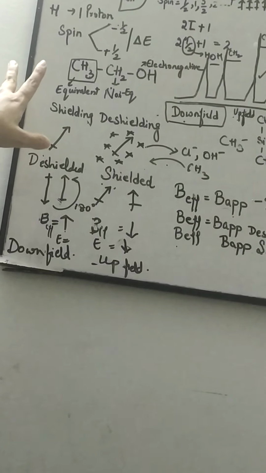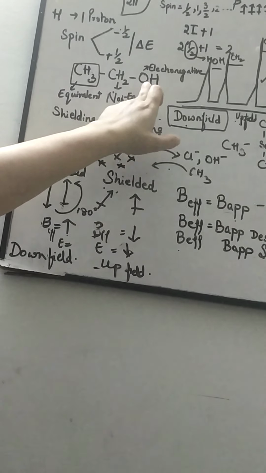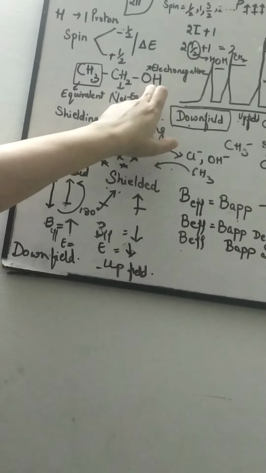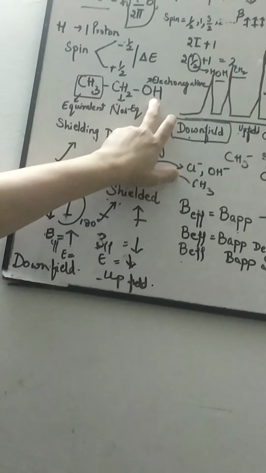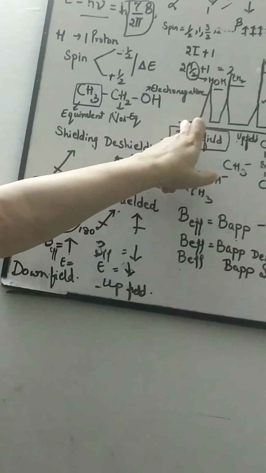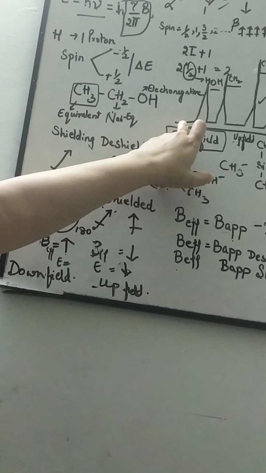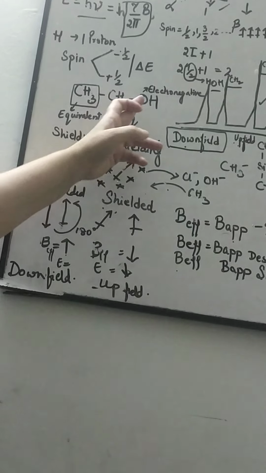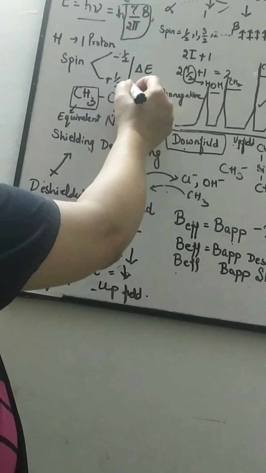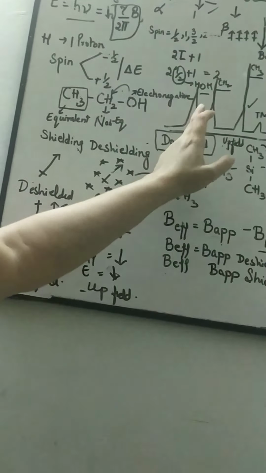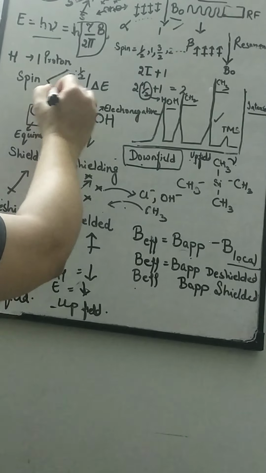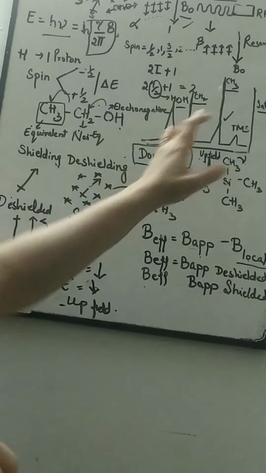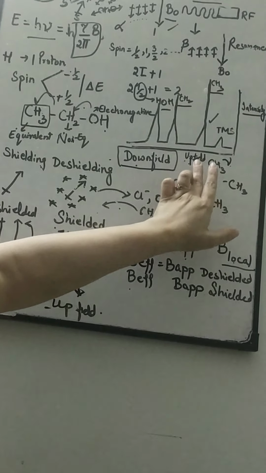Here we are showing this with the example of ethanol. In the case of ethanol, OH, this hydrogen is attached to highly electronegative oxygen, because of which it is absorbing downfield. Then it has also got a certain effect on these CH2, because of which next is CH2, and the third is CH3, which is far away from OH, because of which it is absorbing upfield.